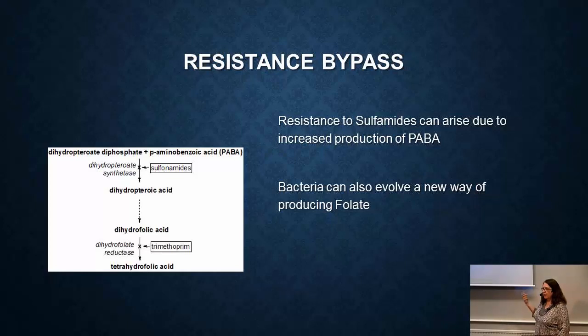So the cell has evolved enzymes that make extra PABA, and then that overwhelms this inhibition. If you have a lot of the input, a little bit of it gets through, which is enough for the cell to grow. The other way is, some bacteria have evolved another way of making folate that just skips these enzymes entirely. They just go another pathway.